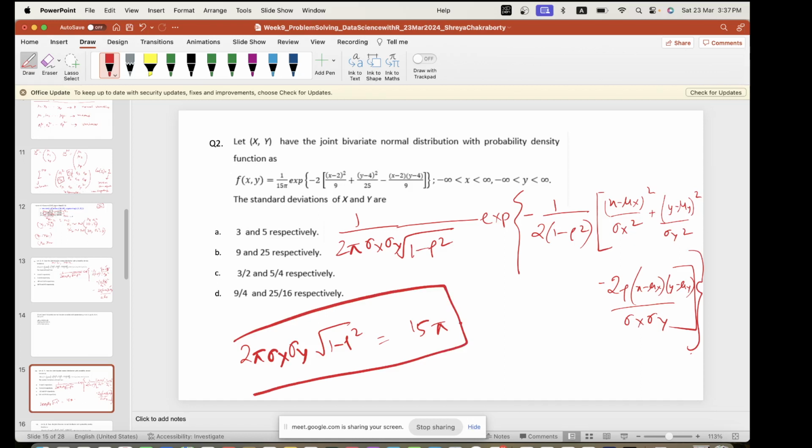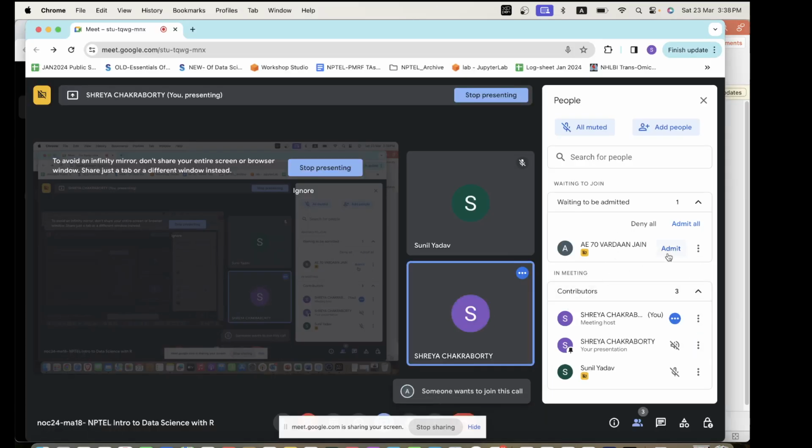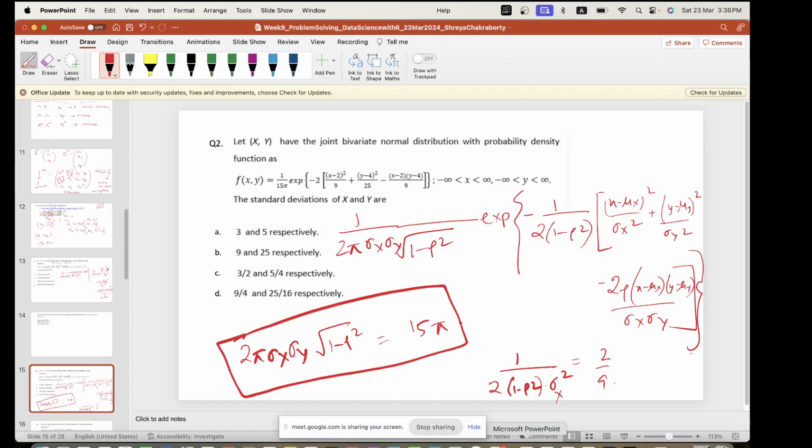Is this clear? This is matching with 15 pi. Also here, if we take common, we have minus 1 by 2 into 1 minus rho square into 1 by sigma x square, and this is equal to 2 by 9, so this part should match with this part, right?